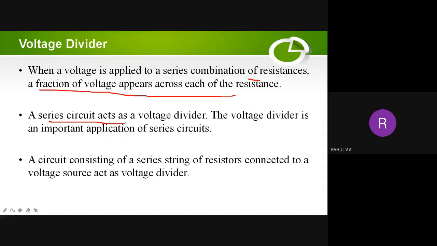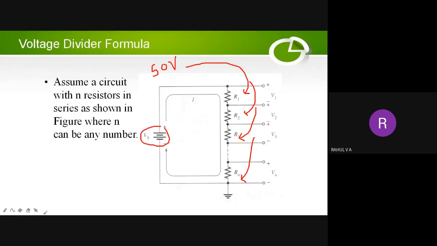So this series circuit acts as a voltage divider circuit, and it is a very important application of the series circuit. Now, we are assuming this circuit has n resistances connected in series. Sometimes it may be only two resistances, maybe three, maybe 10, depending on the value of n.